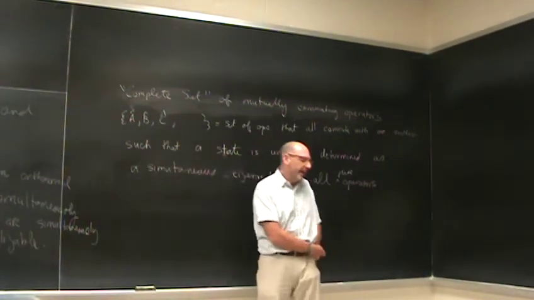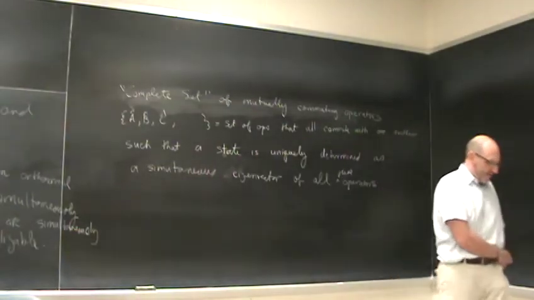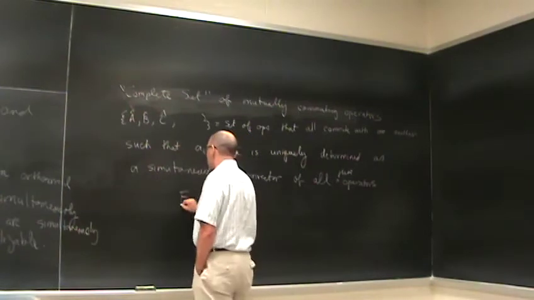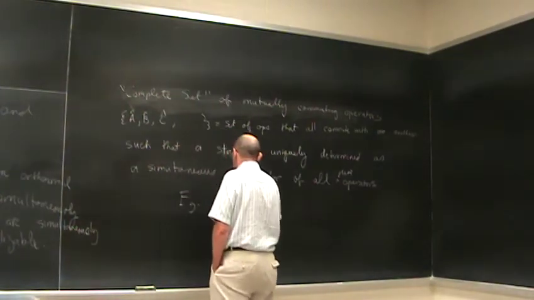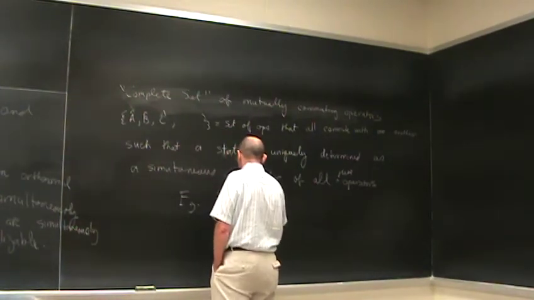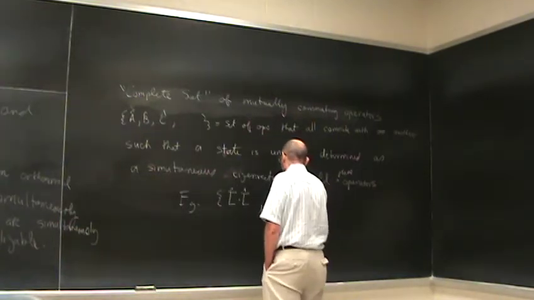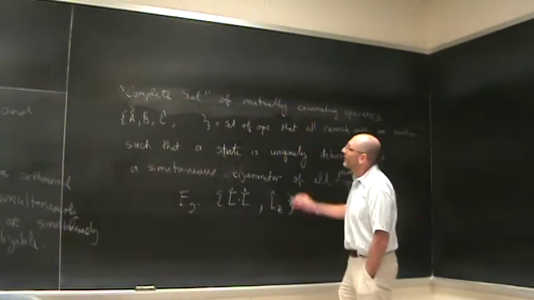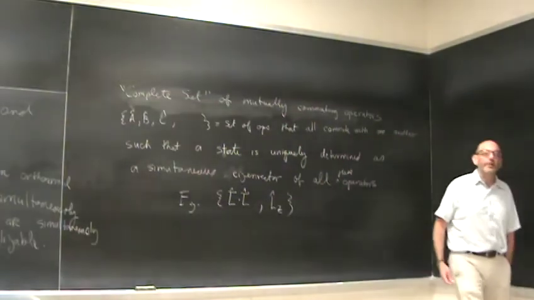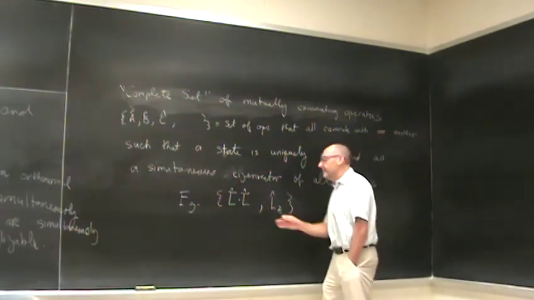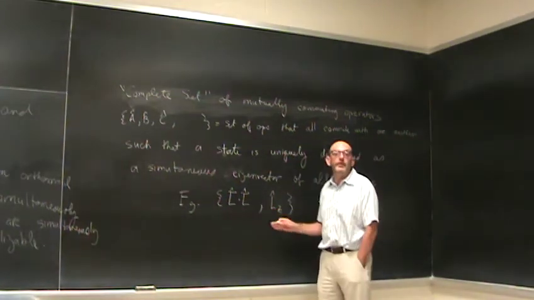Okay? And we gave the example of angular momentum: the magnitude squared of the operator and some one component is a complete set of mutually commuting operators. That is to say, every state is specified as a simultaneous eigenvector of those two operators.